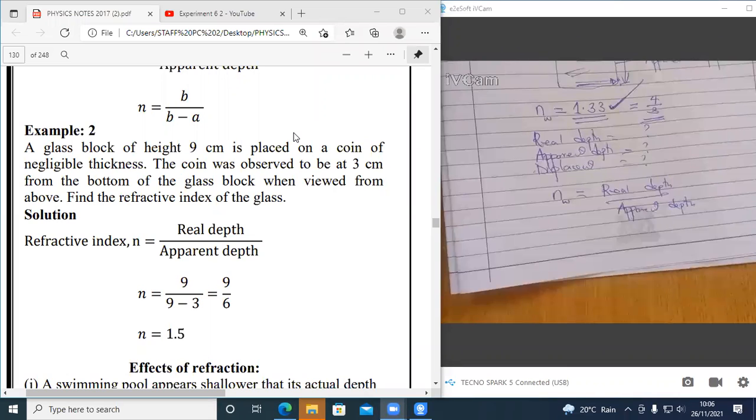Is it clear, members? Good. When you are sending the real depth and the apparent depth, just send me the answers. Or to make it much better, you can even take a photo of the setup.